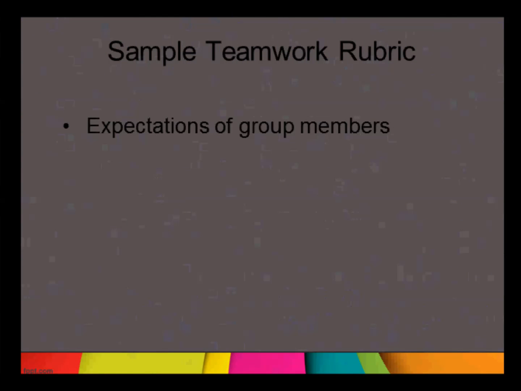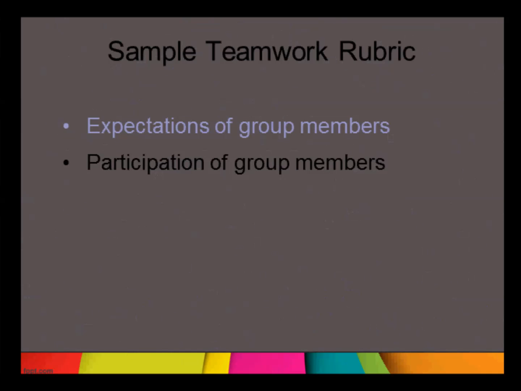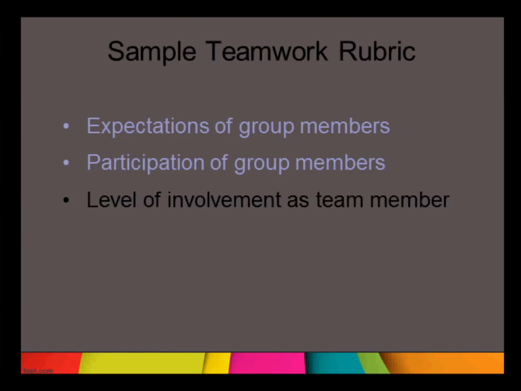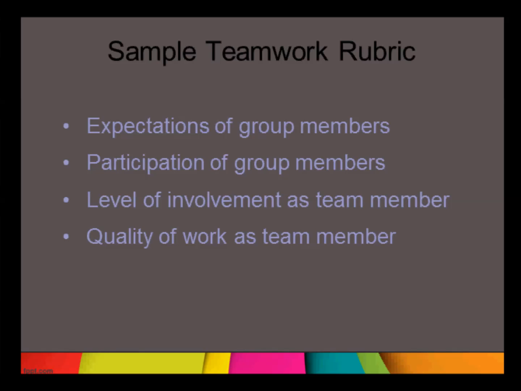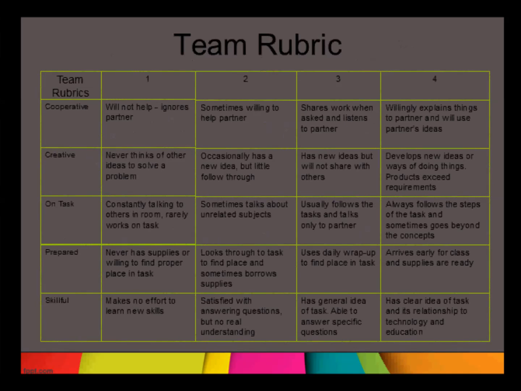So here's a sample teamwork rubric. There are expectations for group members, the participation of the group members, the level of involvement as a team member, and the quality of work as a team member. Here are the areas that we are evaluating, the criteria.